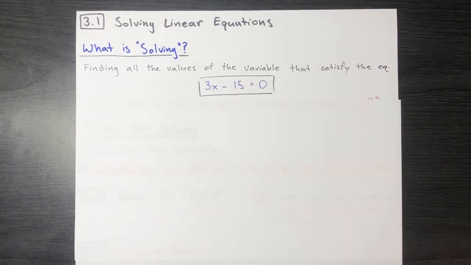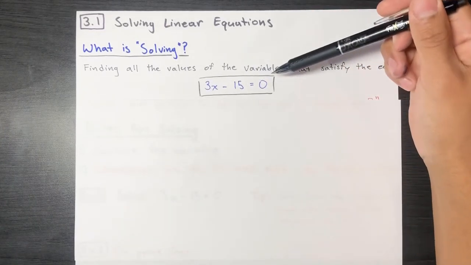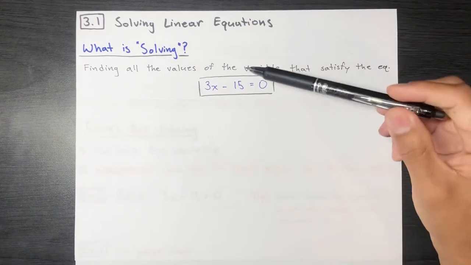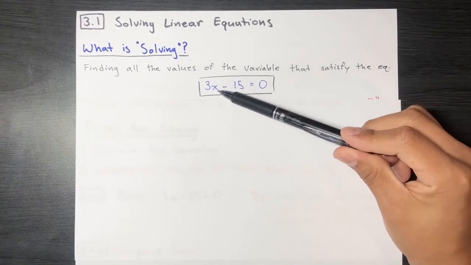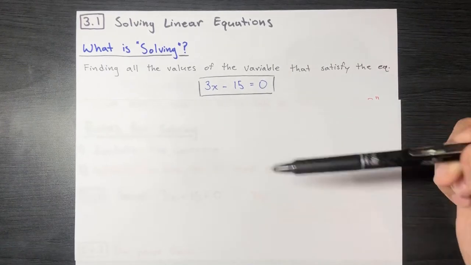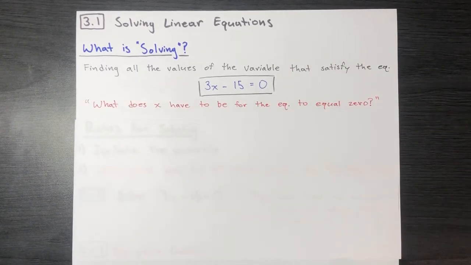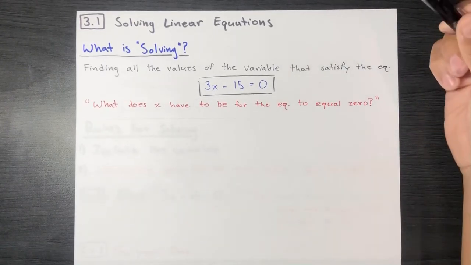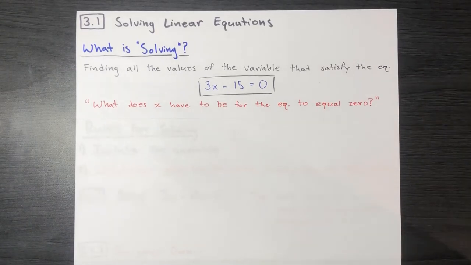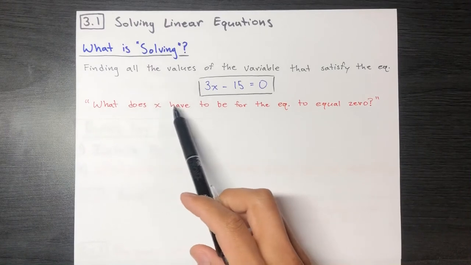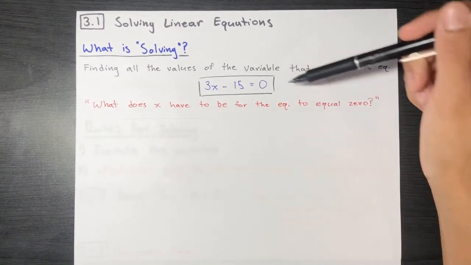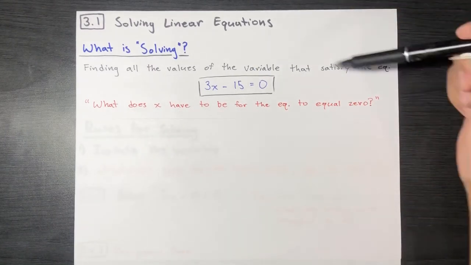If we have an equation like 3x minus 15, you want to ask yourself, what are all of the values of x that would make this equation true? That's what you want to ask yourself every single time you go up against an equation that has a variable. What does x have to be for the equation, in this case, to equal 0?